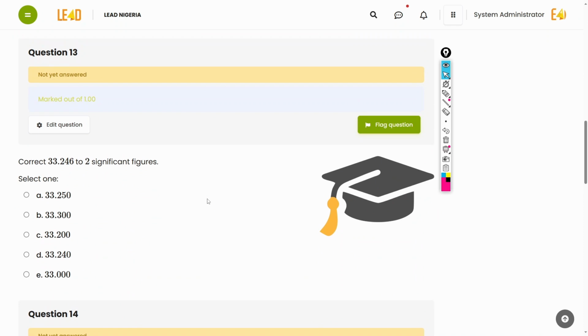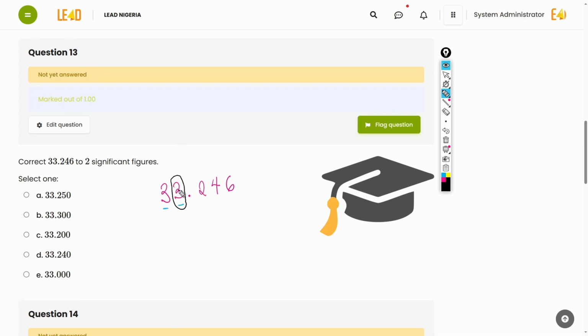Question 13. Correct 33.246 to two significant figures. My first significant figure is here. Second significant figure is here. So that means I'm rounding to this position here, to my second significant figure.